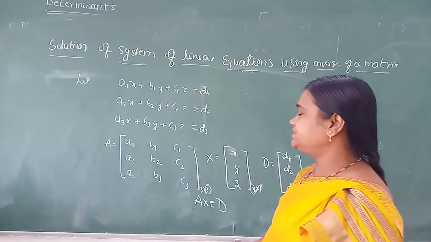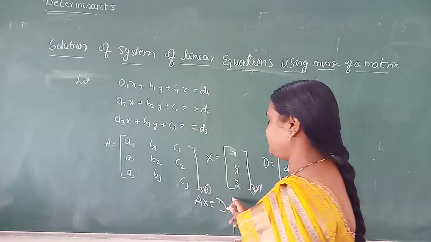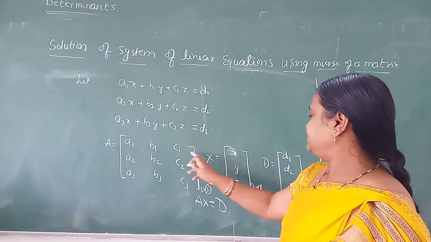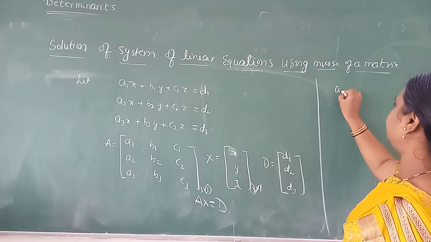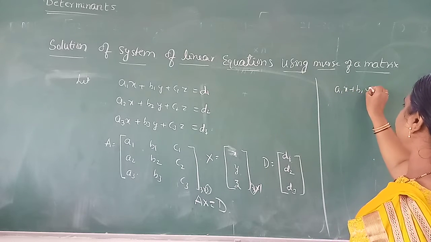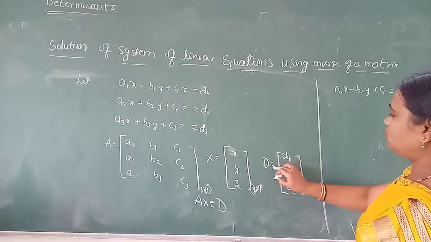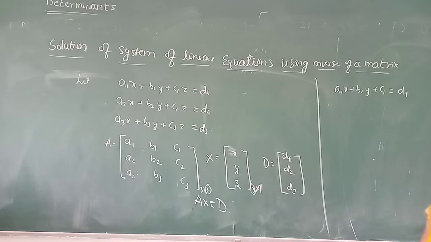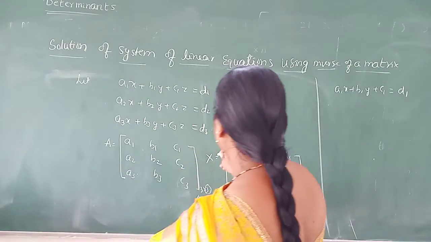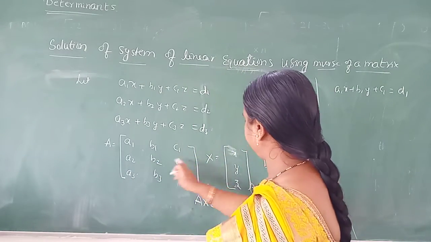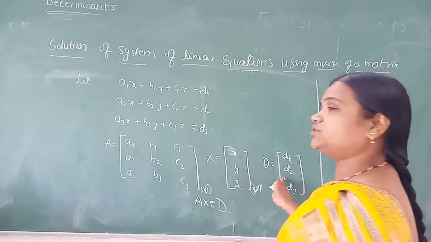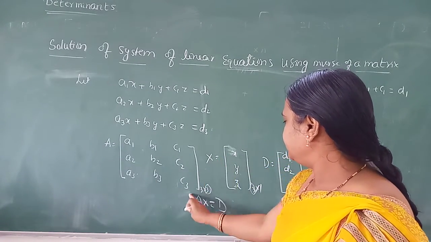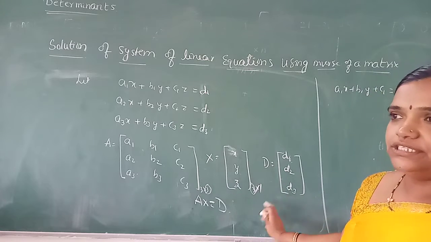Okay, for that, the first row with the first column means we get a1x + b1y + c1z. Correct? a1x + b1y + c1z equal to what? Equal to D, means it is d1. Next, similarly, second row with first column a2x + b2y + c2z equal to d2. a3x + b3y + c3z equal to d3.